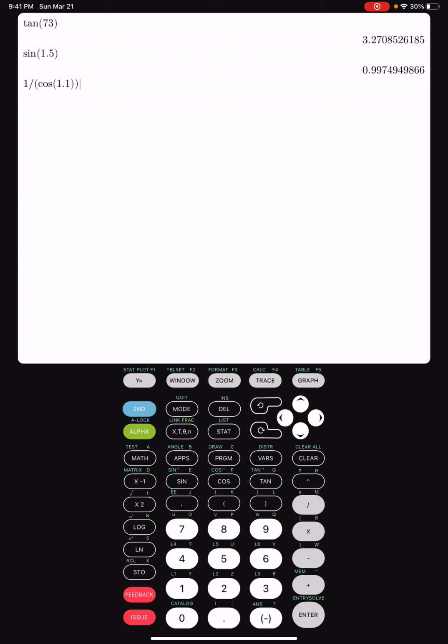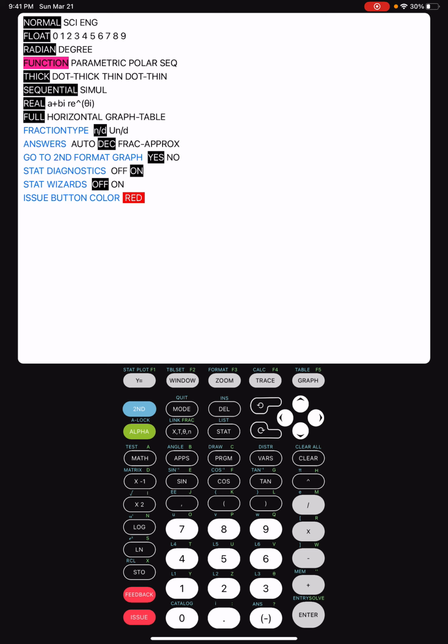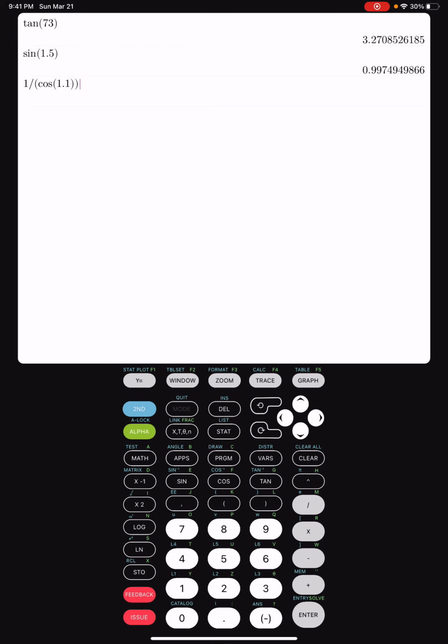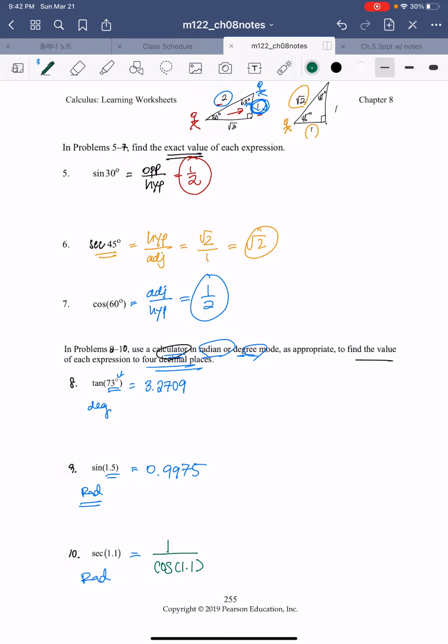We already ended our last problem in radians, so you don't have to change it, but double check. Yes, it is in radian mode. Okay, and then enter. So your final answer rounded to the 4th decimal place is 2.2046. So that will be our final answer.